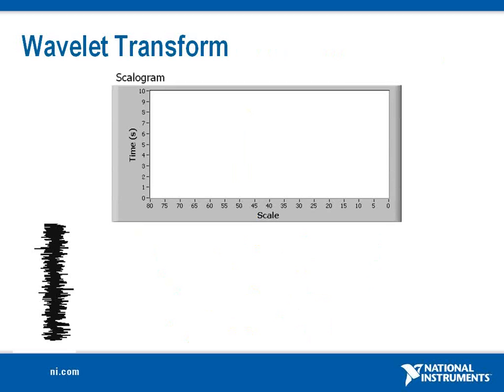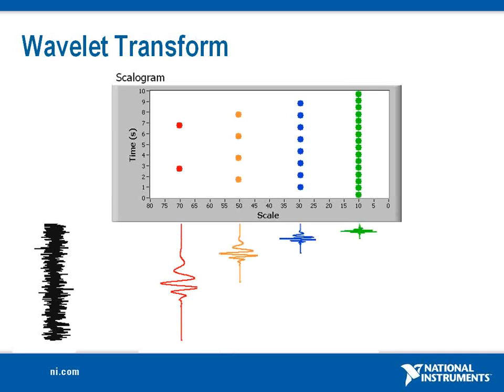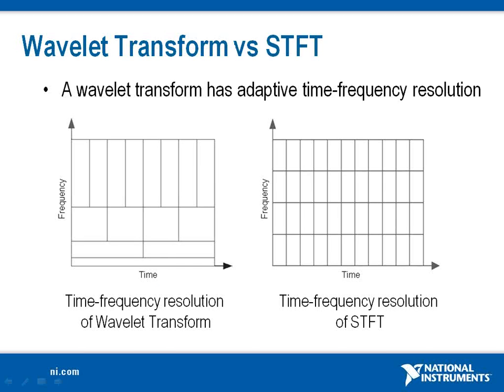Now let's have a look at the wavelet transforms of different wavelet signals. A wavelet transform has adaptive time frequency resolution, which means that the frequency or time resolution adapts to the frequencies which exist in a given frequency domain or in a given time domain signal.